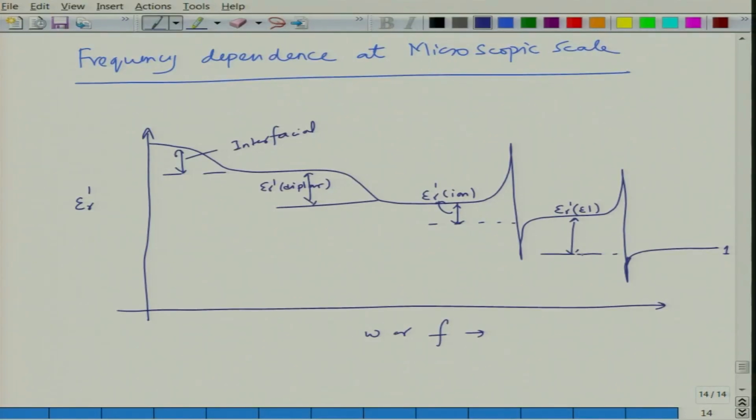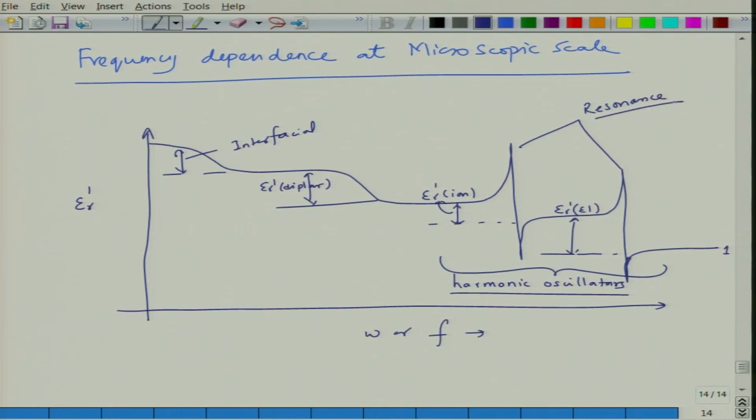When you have a resonance, you have these kinds of resonance peaks. So, we will model ionic and electronic polarization on the basis of harmonic oscillators. These are two resonance peaks, and we will see how they come about.